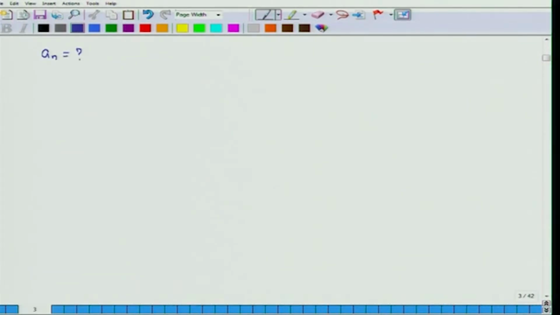So an equals what? Here what we do is we multiply equation 1 by cosine of nx and integrate over the limits.